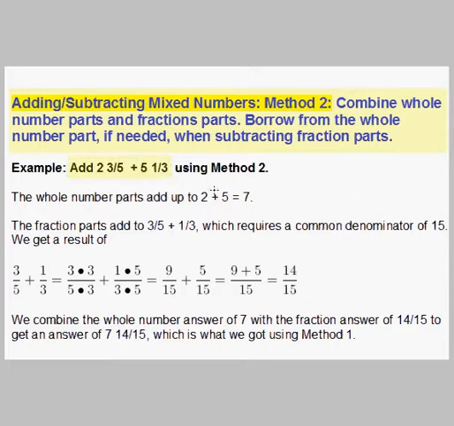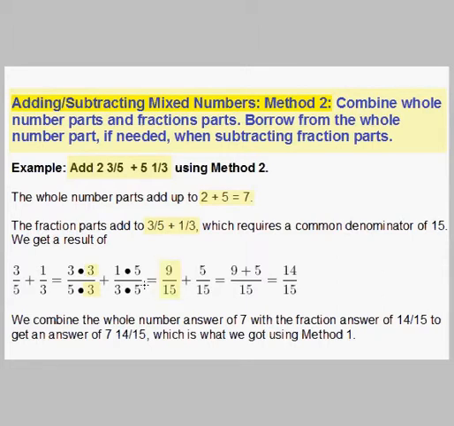The whole number parts are 2 and 5, and they add up to 7. The fraction parts are 3/5 added to 1/3. We need a common denominator. That happens to be 15. So we rewrite 3/5 in 15ths by multiplying by 3 in the bottom, 3 in the top. That makes 9 15ths.